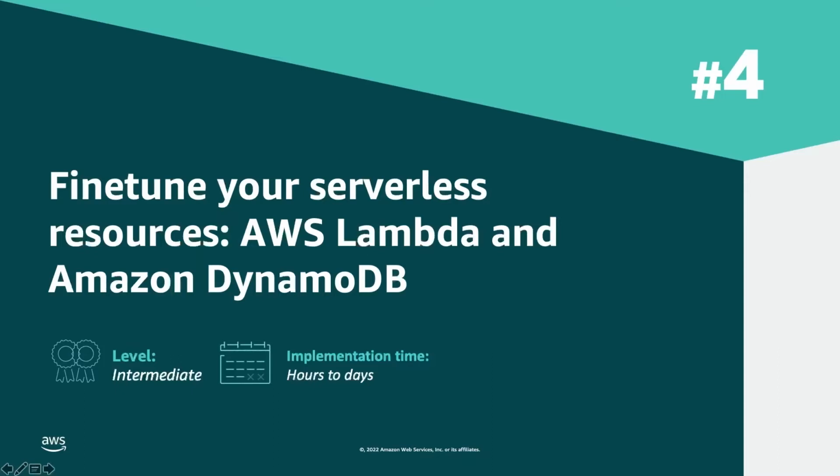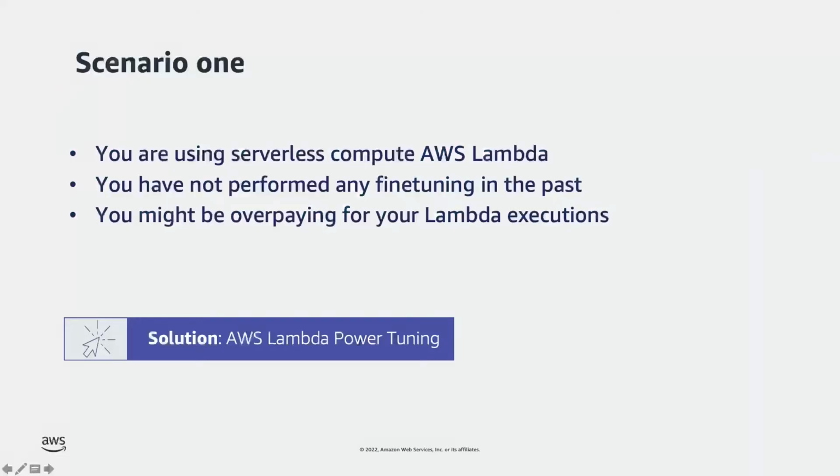Fine-tuning Lambda functions by choosing the right memory allocation is an optimization process that balances speed and cost. While you can manually run tests and functions by configuring different memory allocations and measuring the execution cost, the AWS Lambda Power Tuning tool allows you to automate this process as well.